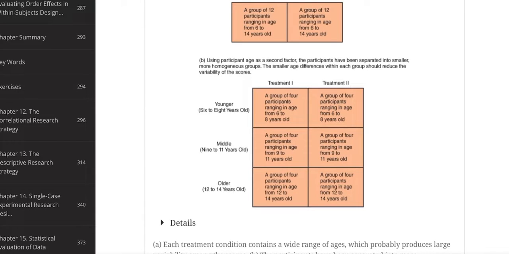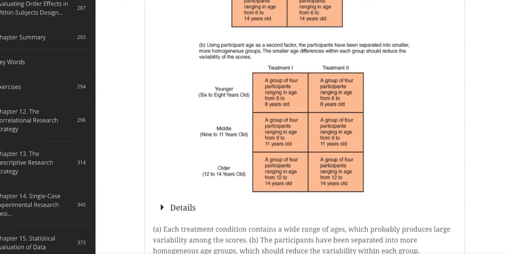So they decided to use age as a second factor, which is this part B, this second matrix down here, which really is the only true matrix here, but it's a 2x3, you see. And so what they did was they still had the two treatments as one factor, that's the columns. And then in the rows, we have a second factor of age now, where they have a younger age group, which is 6 to 8-year-olds, a middle age group, which is 9 to 11-year-olds, and an older age group, which is 12 to 14-year-olds.